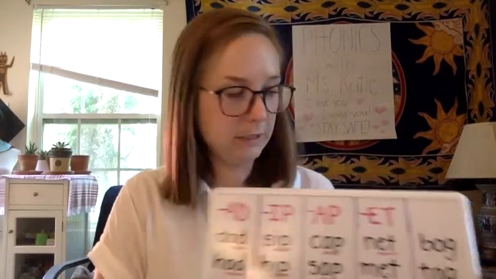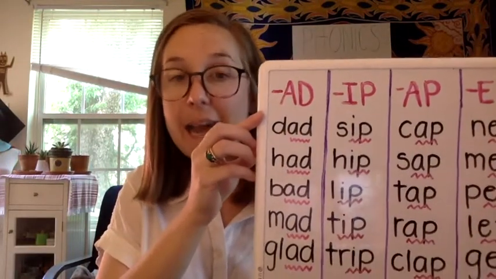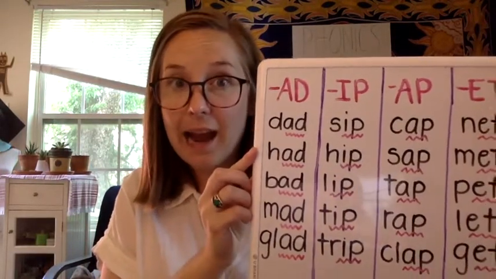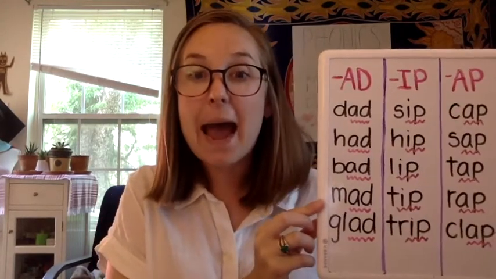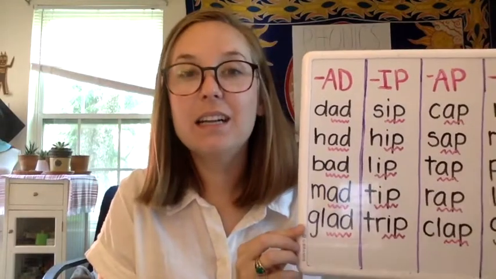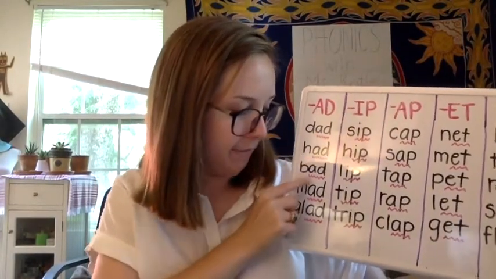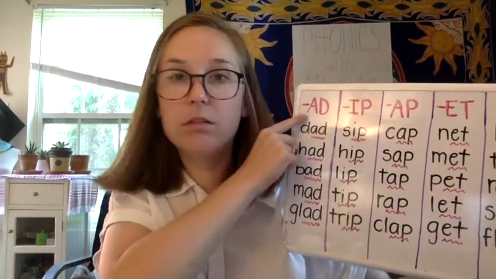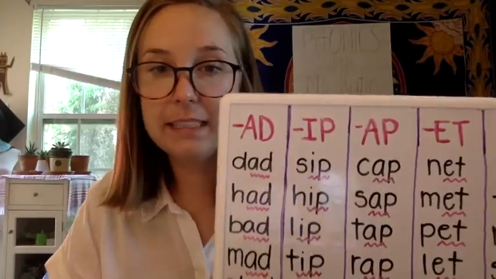So these are the words that we looked at last week. So we said in this column we had dad, had, bad, mad, and glad. Okay, and we talked about how all of these have that AD pattern on the end, right? So I wrote it at the top of my column because all of these have AD.